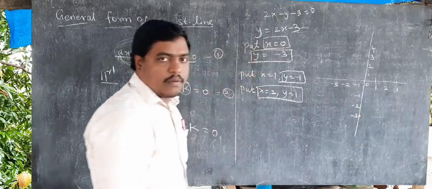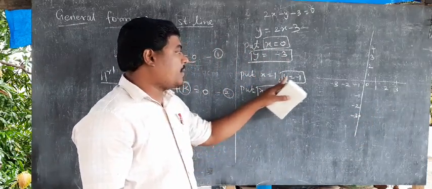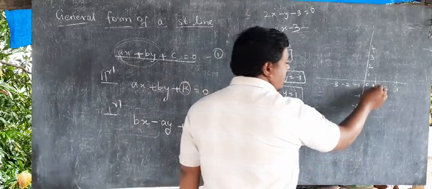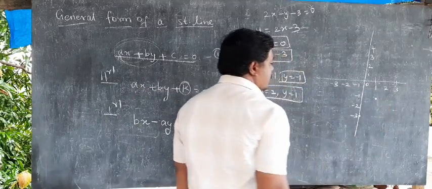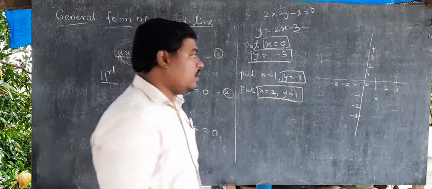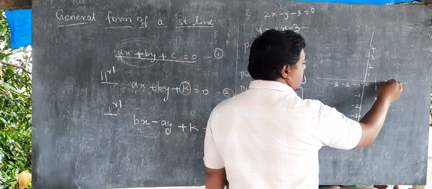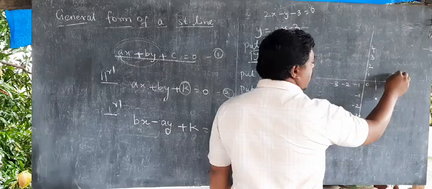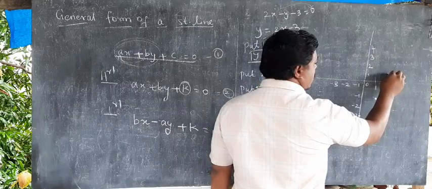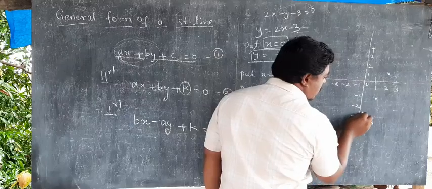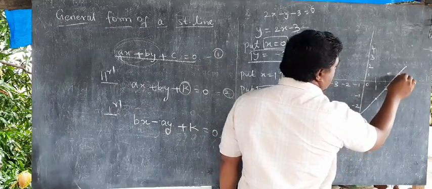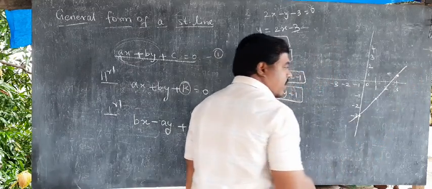Then I point 1 comma minus 1, x equal to 1, y equal to minus 1. Here I need to point 2 comma 1, x equal to 2, y equal to 1. It will be nearly here. So we join the points and we get a straight line.